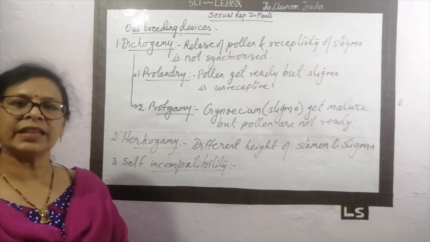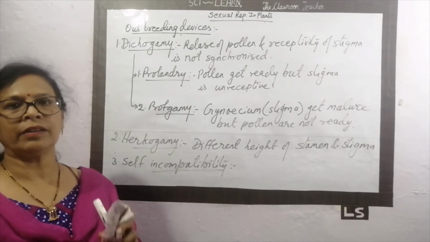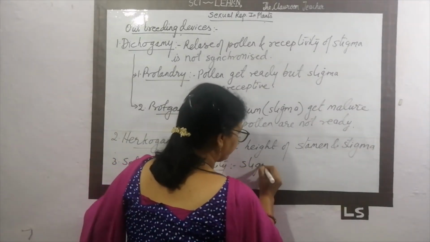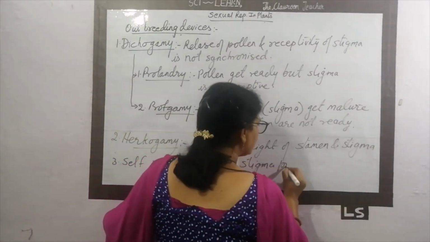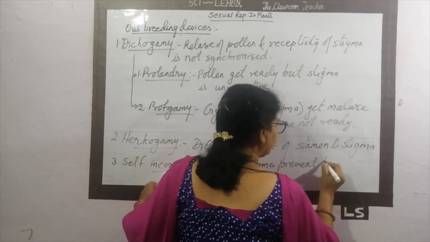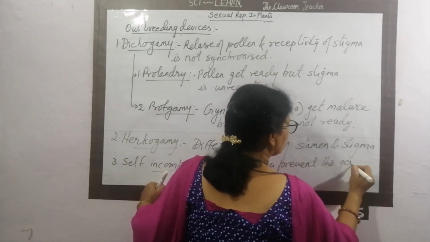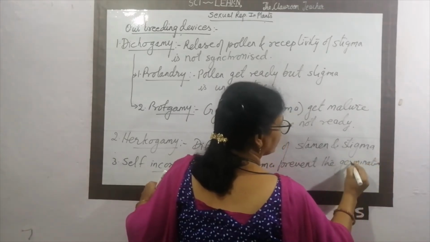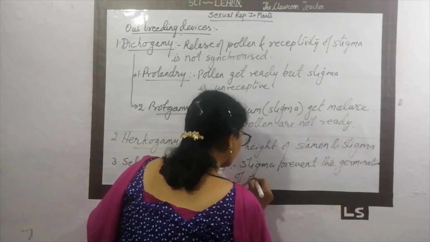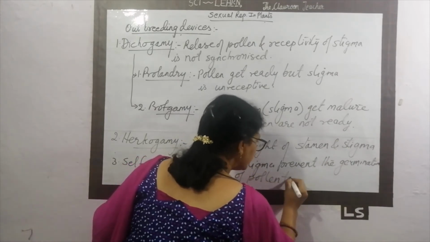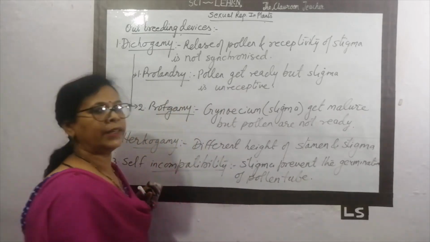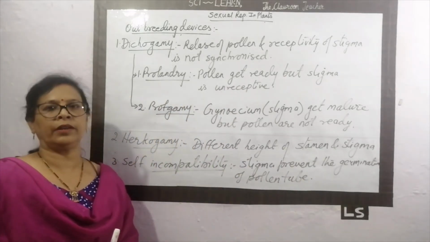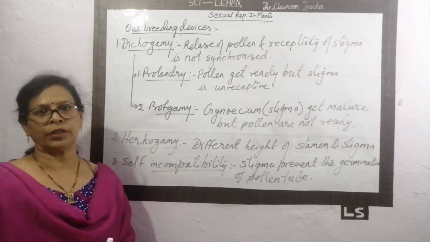It means the stigma itself prevents the germination of the pollen tube. If the pollen tube is not germinated, then fertilization does not occur. The stigma itself prevents the germination of the pollen tube.